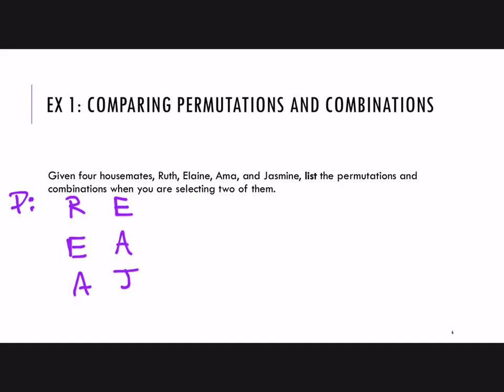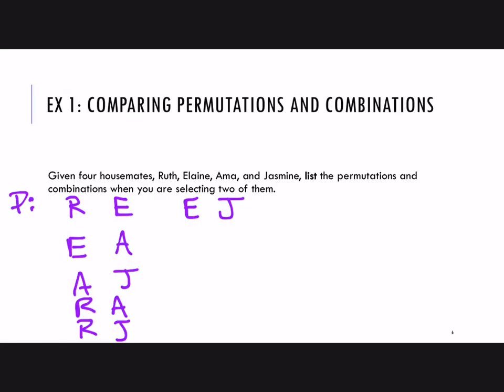We could do Ruth and Emma, Ruth and Jasmine. And we could do, let's see, Elaine and Jasmine. And I think that's all of them.